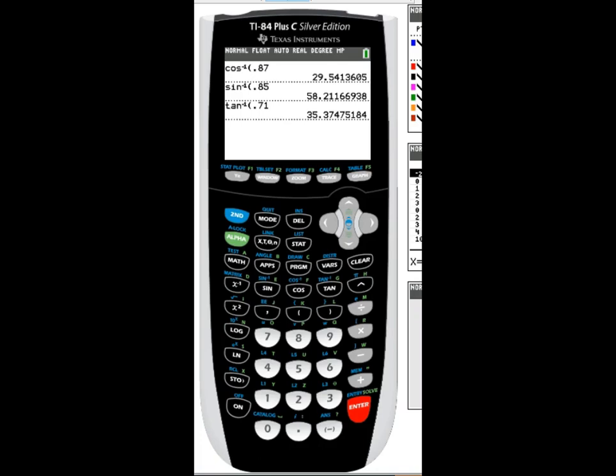The next three are inverse tangent, inverse cosine, and inverse sine. Second tangent of 0.75 is 36.9 degrees. Again, remember, we're rounding.